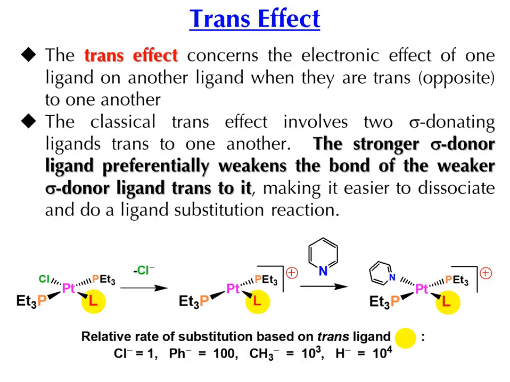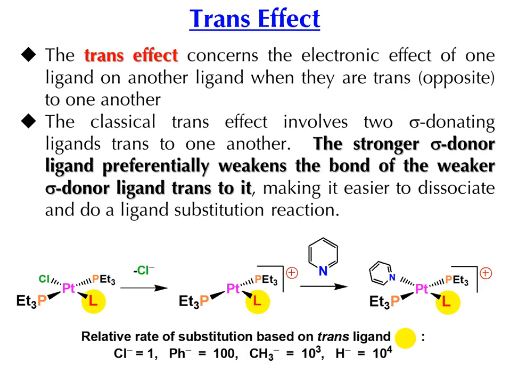Another factor that affects the dissociation of a ligand is the trans effect. The trans effect was studied in the previous chapters. Two sigma donor ligands in trans position will weaken each other, so that dissociation is easier.